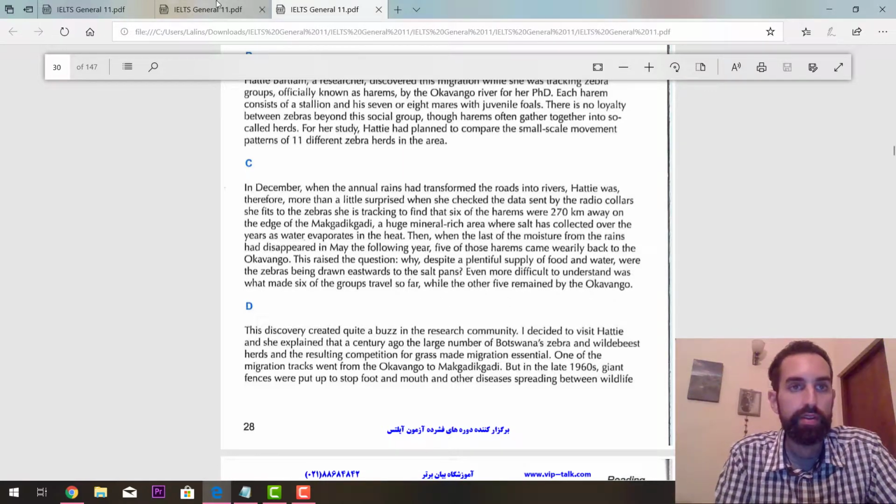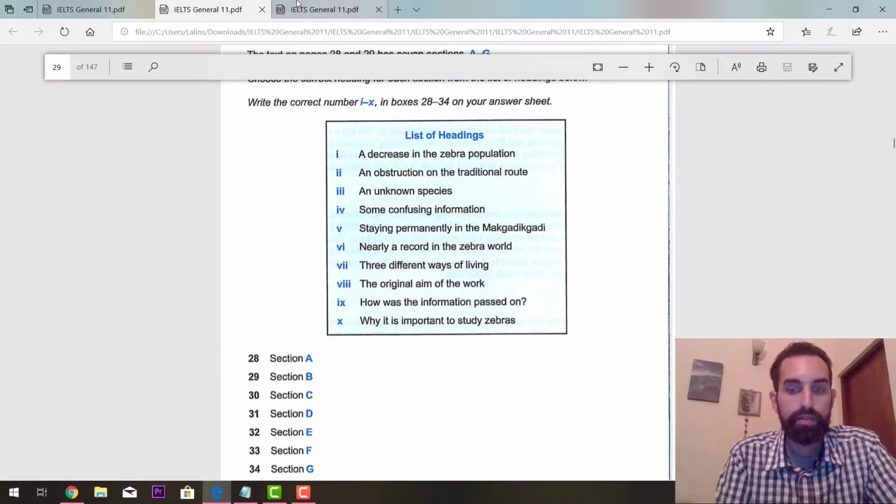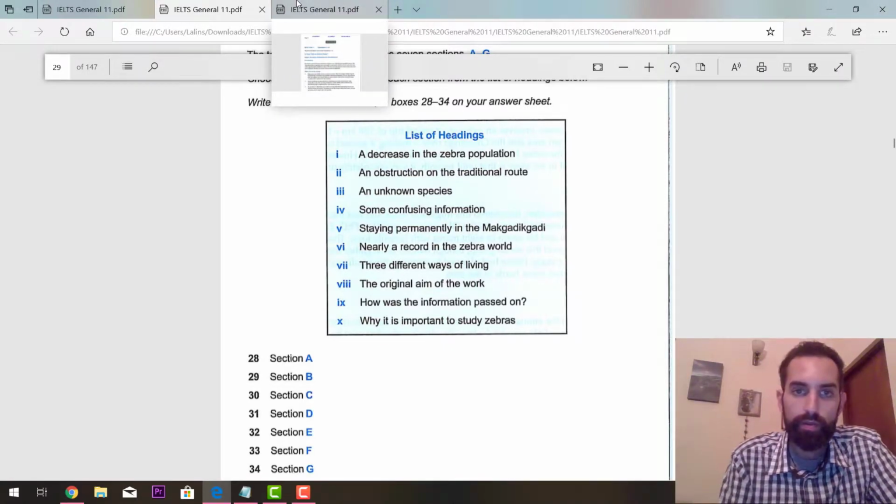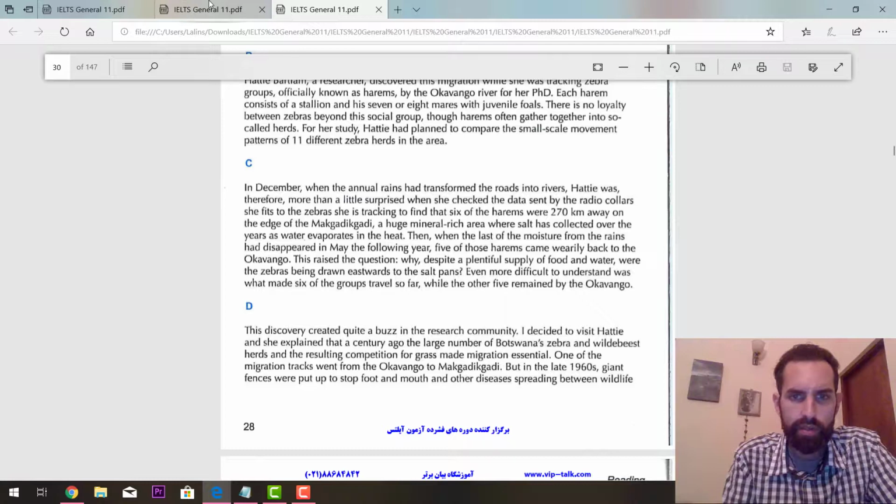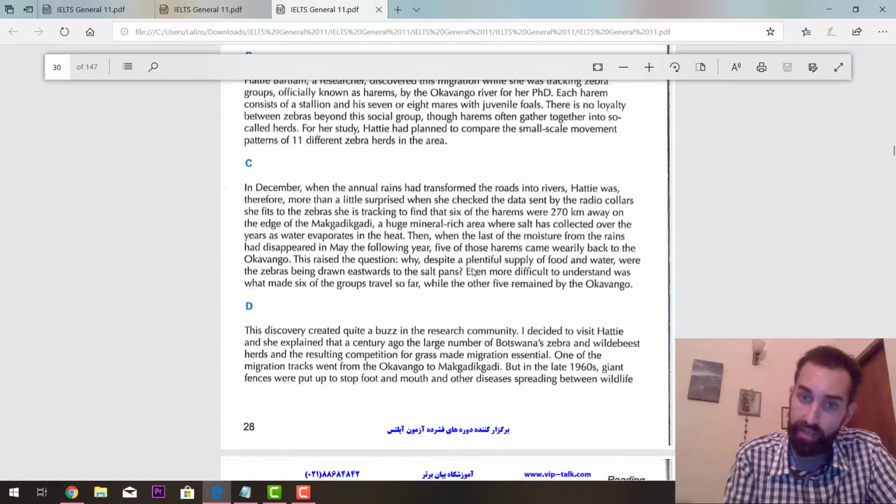Okay, so this would be, we're looking for a decrease in the zebra population, no. Obstruction in the traditional route, no. Unknown species, no. Confusing information, possibly. Even more difficult to understand. Yes, it's confusing because it's difficult to understand.